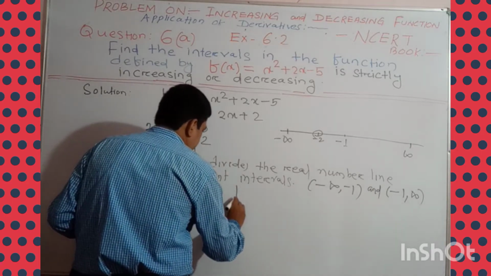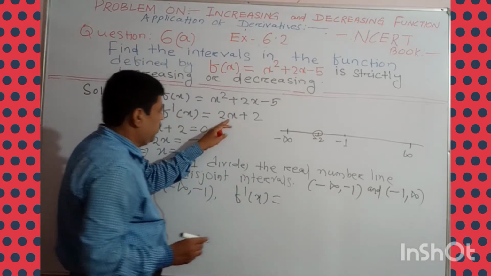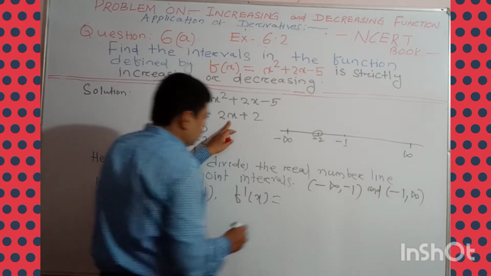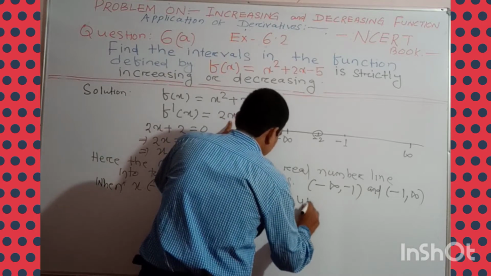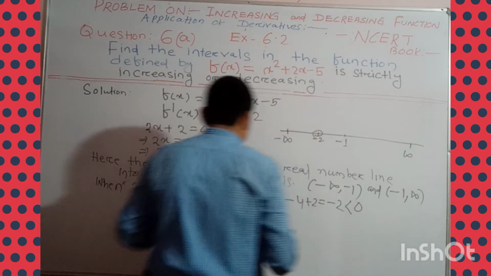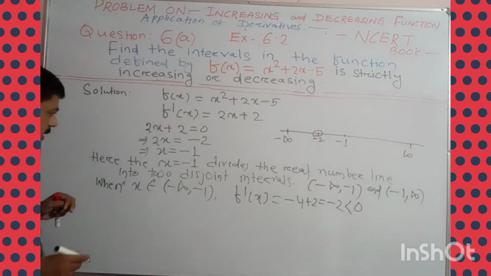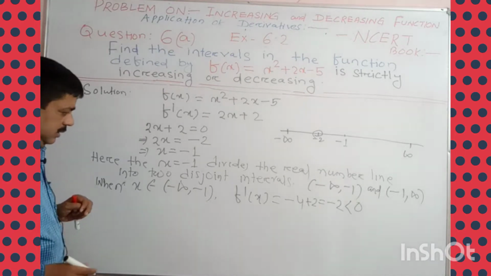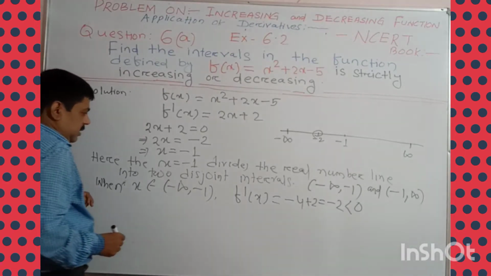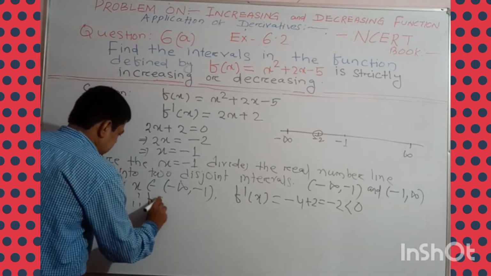What is the slope of the function? Putting x = -2, f'(x) = -4 + 2 = -2, which is less than 0. Since the slope is less than 0, the function is strictly decreasing.